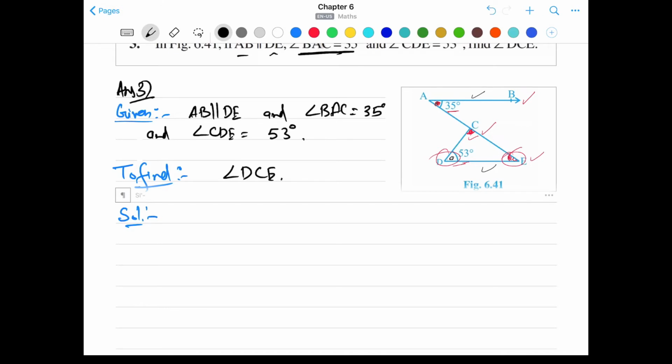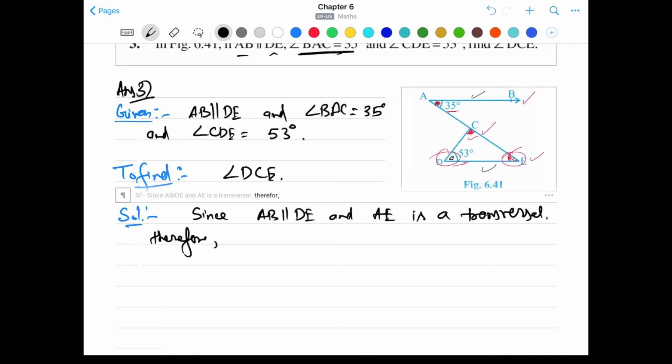So first we'll write, since AB is parallel to DE and AE is a transversal, therefore the angle BAE will be equal to angle DEA.